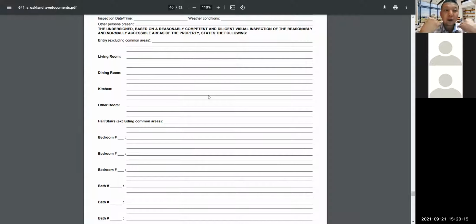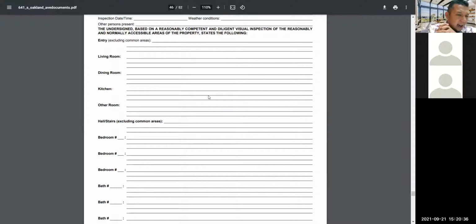Write them down and note them as existing conditions for the buyer to review and understand, whether it's a ceiling leak, cracks on the window, ceiling separation, hairline cracks, or trip hazards.